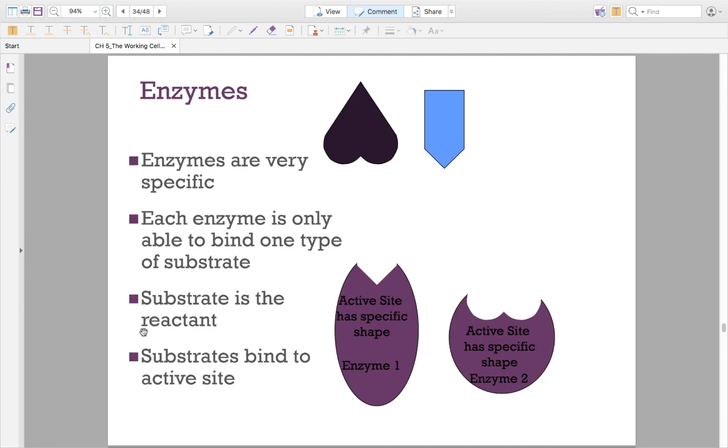Now, enzymes are very specific. Each enzyme is only able to bind one type of substrate. So what does that mean? Well, an enzyme is a protein, right? And all enzymes have something called an active site.